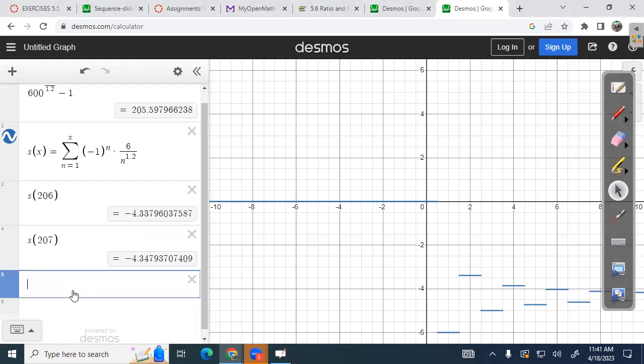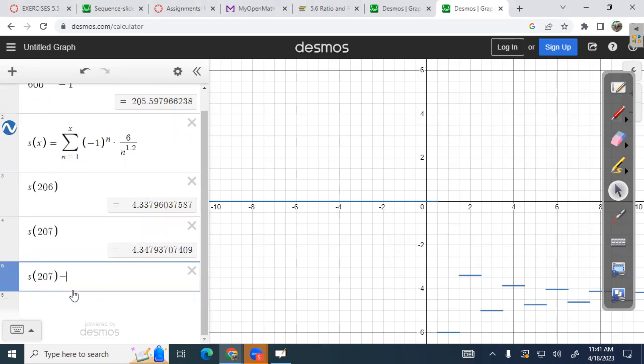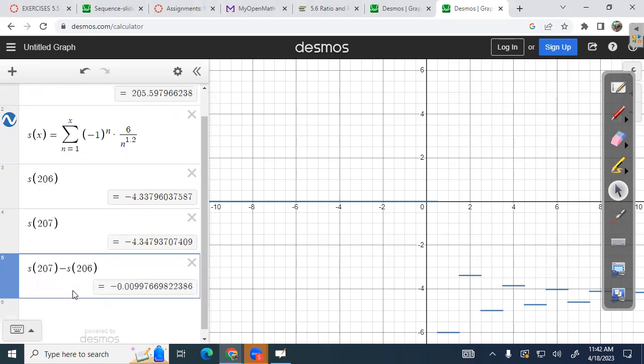Double check if you're not sure about that: S of 207 minus S of 206 gives me 0.0099. And again, these partial sums repeatedly jump back and forth over their limit. They oscillate about the limit. So the actual limit is in between those two somewhere. So we are closer than 1/100th for sure for the actual sum.